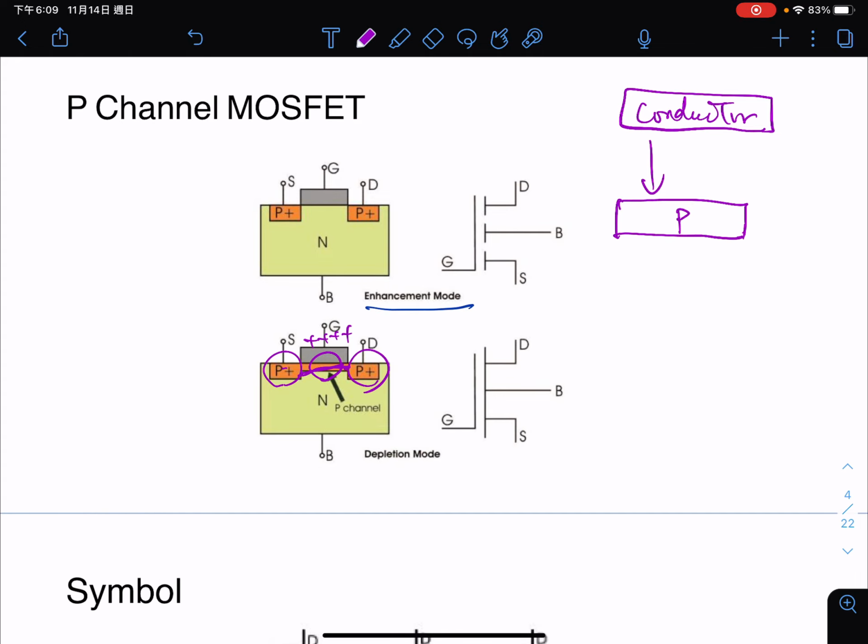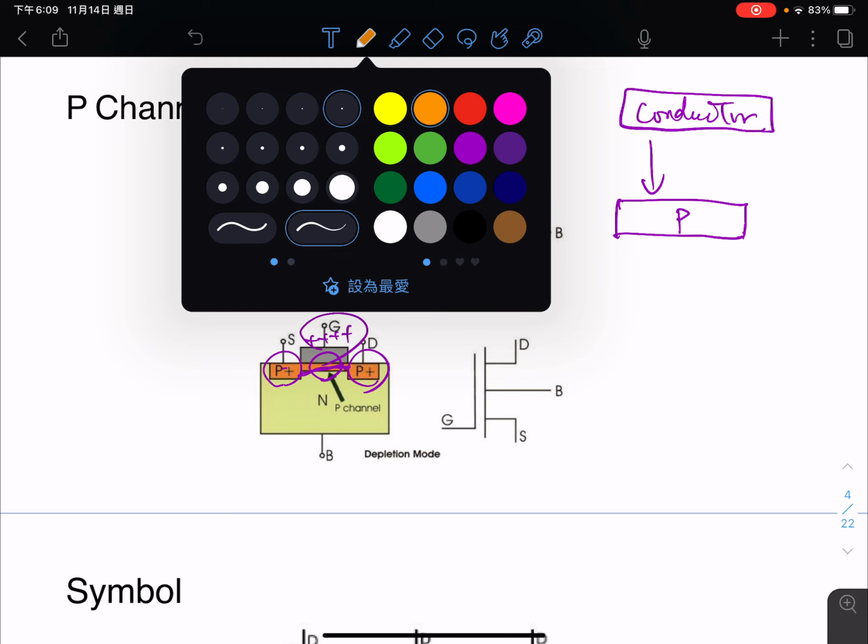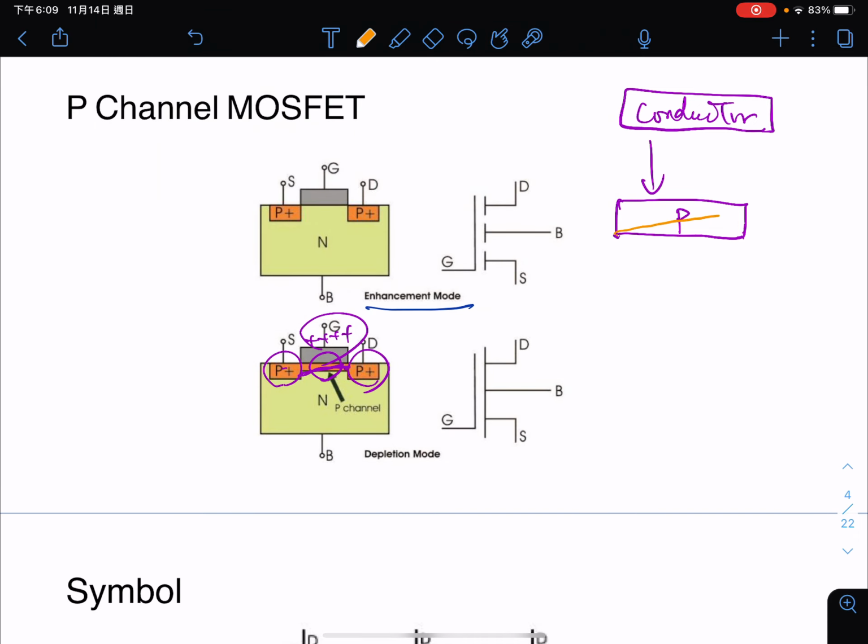By applying the positive voltage here, this channel will be narrowed, and that will make the current saturate, meaning the current cannot increase infinitely. The current will meet a threshold and can no longer increase. We will look at its characteristic curve to understand this.